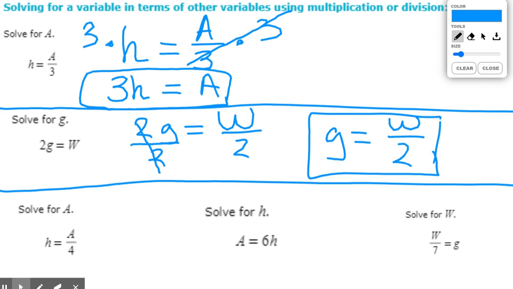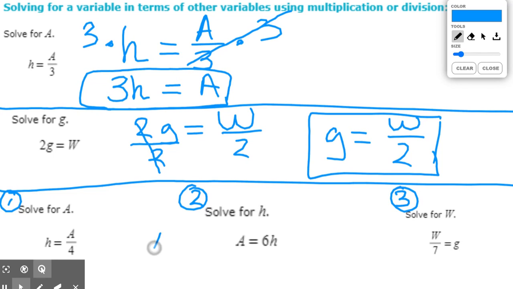I'm going to pause the video here and let you solve for some of the examples below. We'll call this one 1, 2, and 3. Okay, so in number 1, when you solve for a, you should have a is equal to 4 times h.